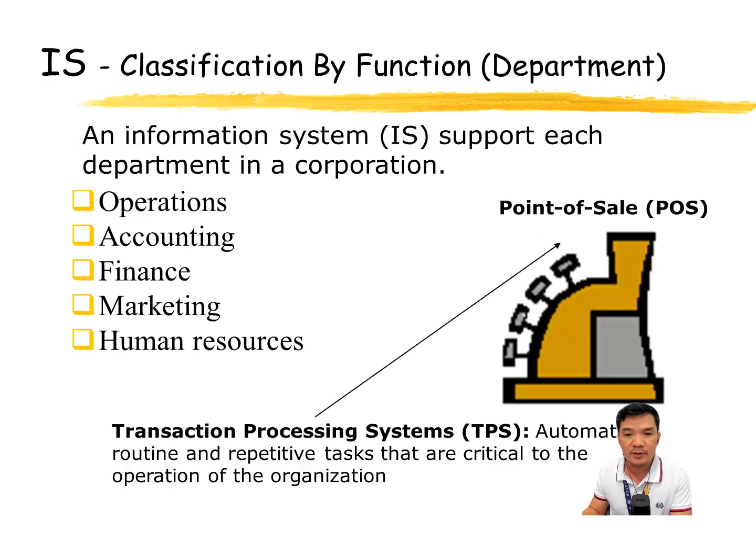So we can look at information systems based on their function, or classifications of IS based on function. For example, there are various systems that support the operations of the organization. It can be functions of an organization such as accounting. We have an IS that can support finance, marketing, and human resource.